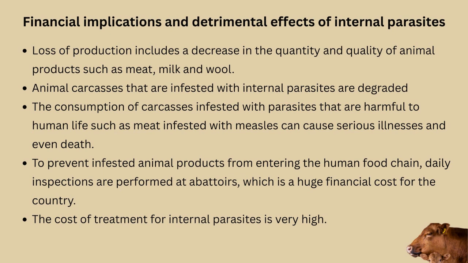To prevent infested animal products from entering the human food chain, daily inspections are performed at abattoirs, which is a huge financial cost for the country. The cost of treatment for internal parasites is very high.